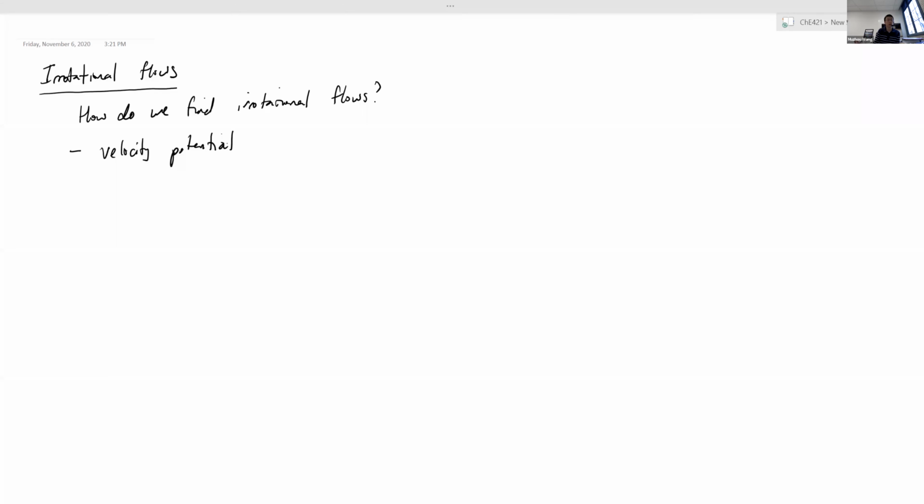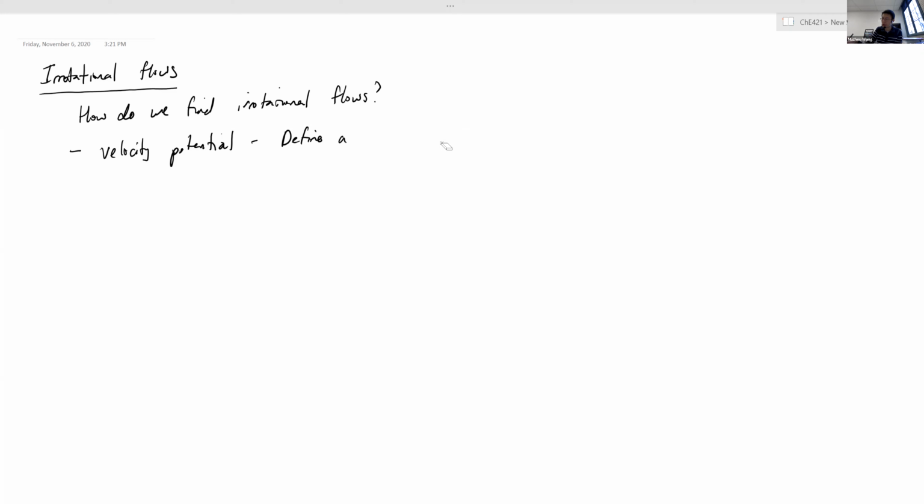Okay. The way this works is we're going to define a function. We'll call this phi, or a field, I guess, right? This is a function of position, okay? It's a scalar function. Let me rewrite this here.